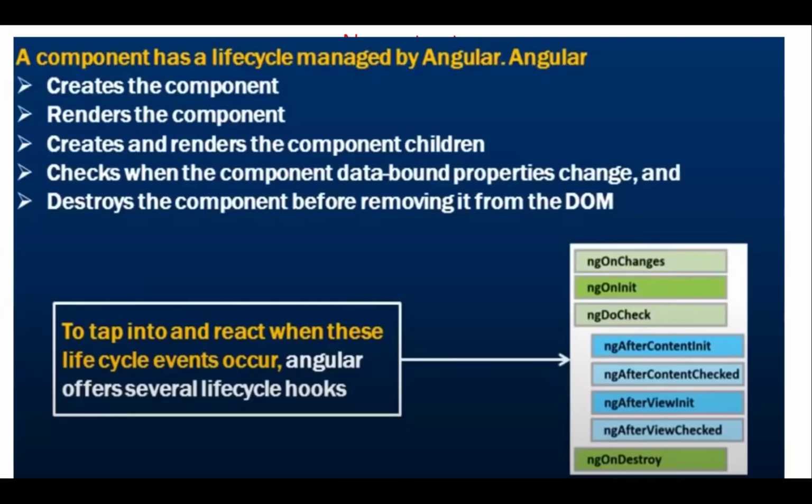Right. Also, this is an important point, guys. It checks. It will verify any data bound properties changes. What is the meaning of data bound properties? That means in the parent component, I clicked on the refresh button, reload button, right?